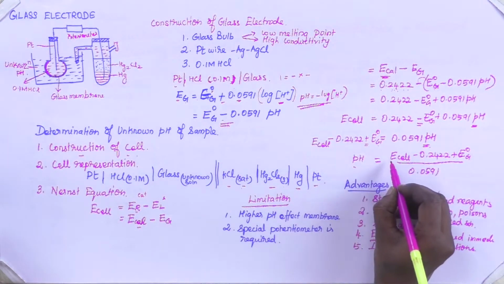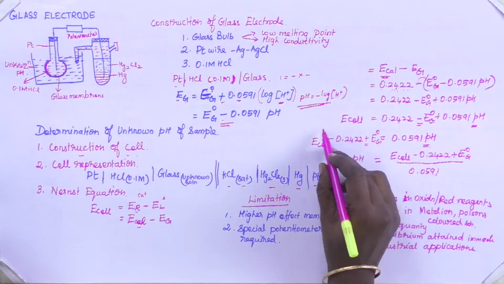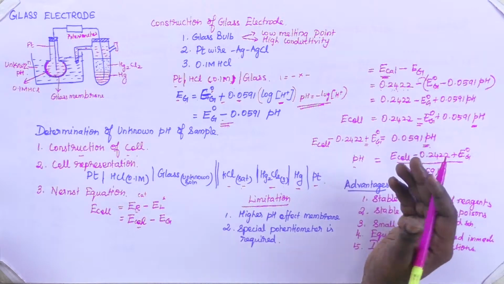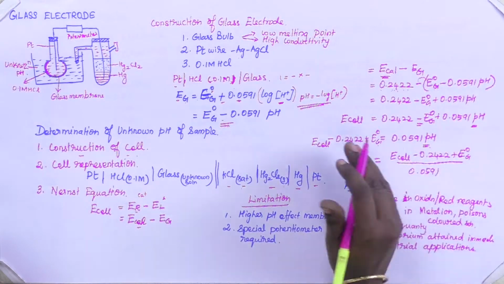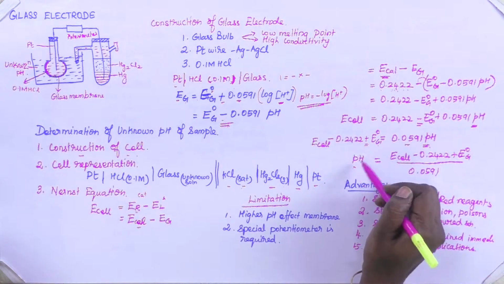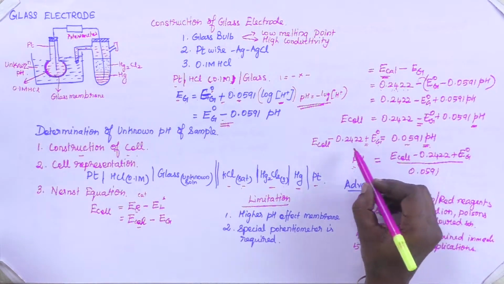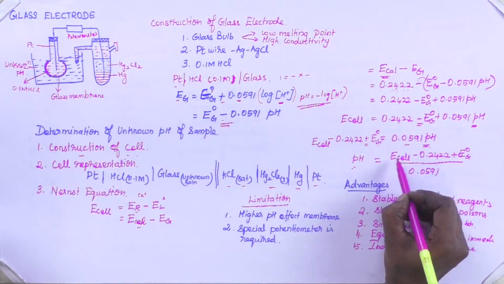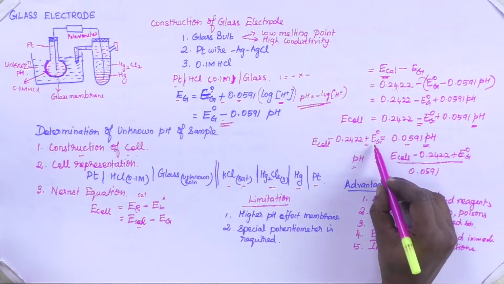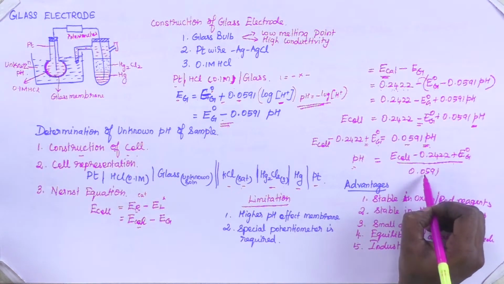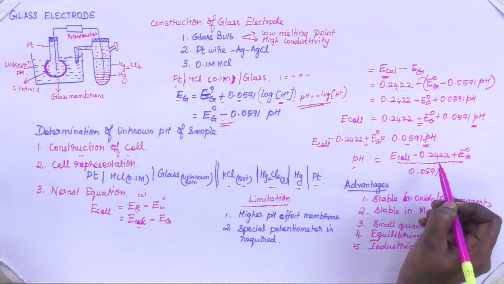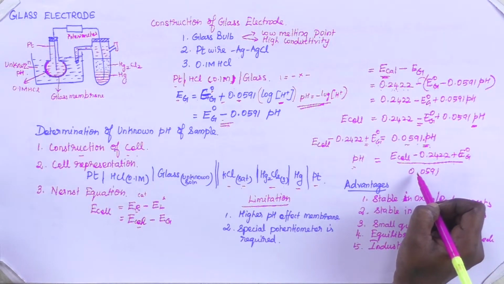So pH equals, writing it the other way around, the left-hand side content E cell minus 0.2422 plus E naught of G, divided by 0.0591, because it is multiplication, and while moving to the opposite side of the equation it becomes division.